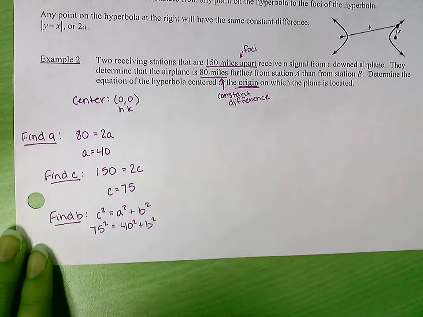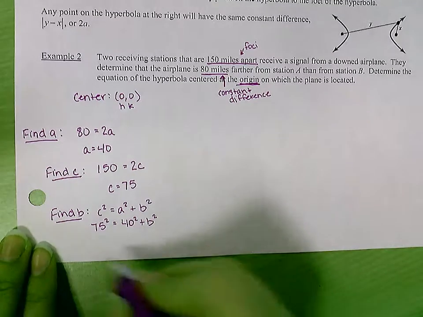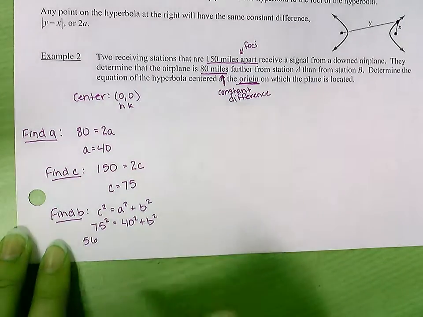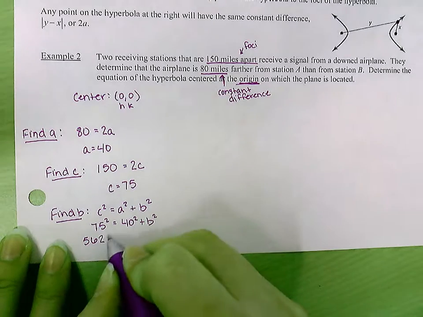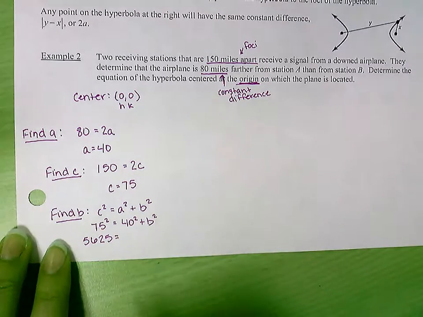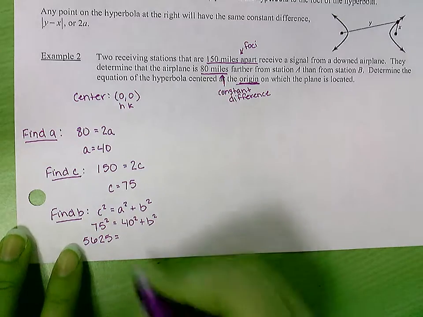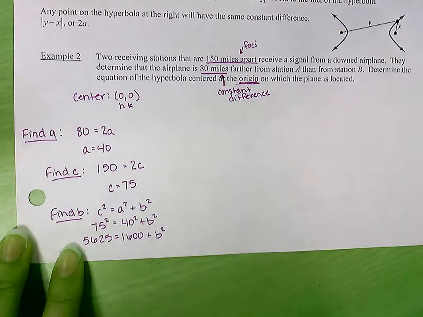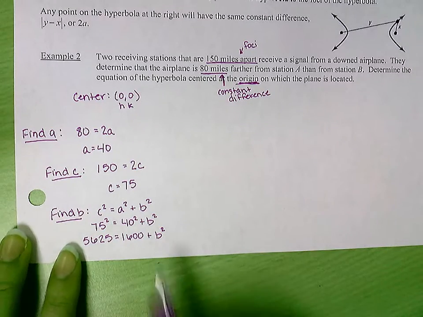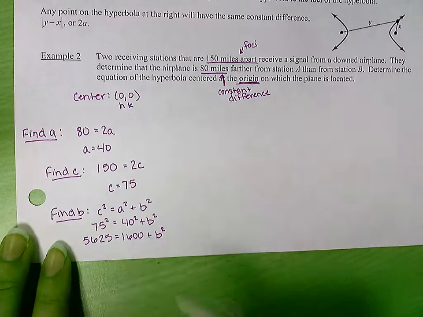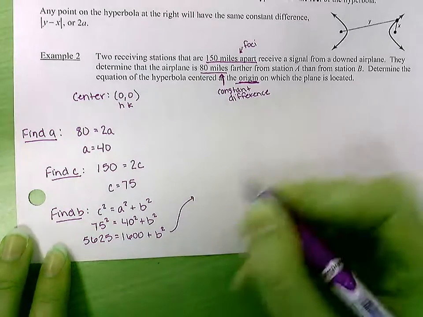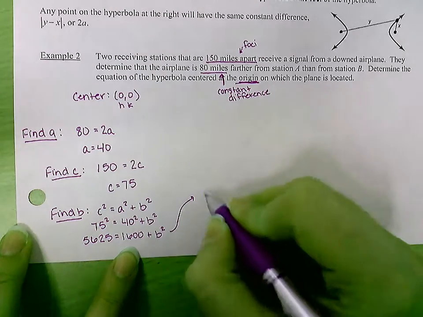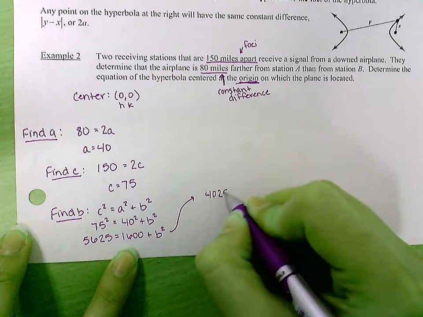75 squared is 5,625, and 40 squared is 1,600. So I can subtract 1,600 from both sides to get 4,025.